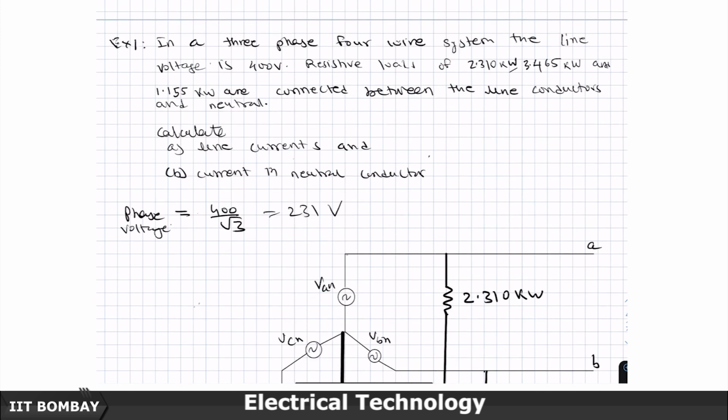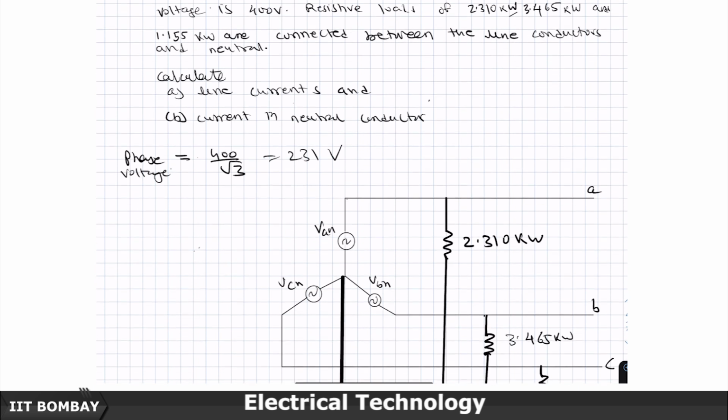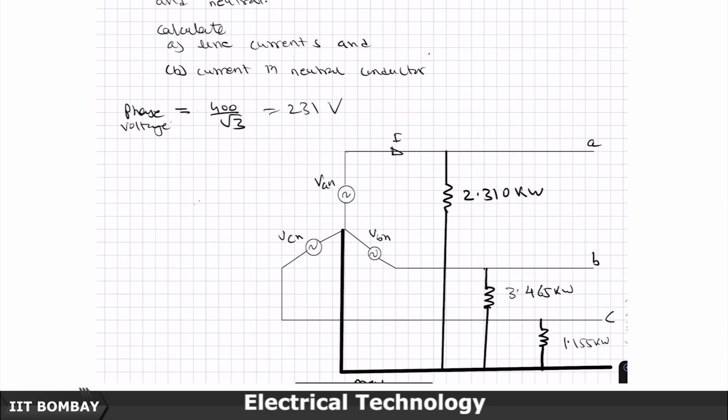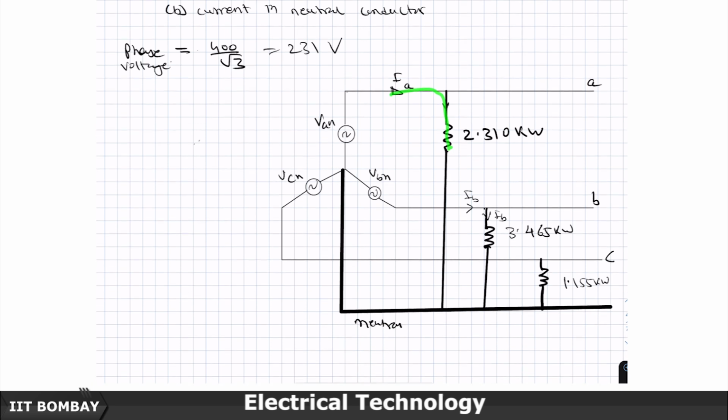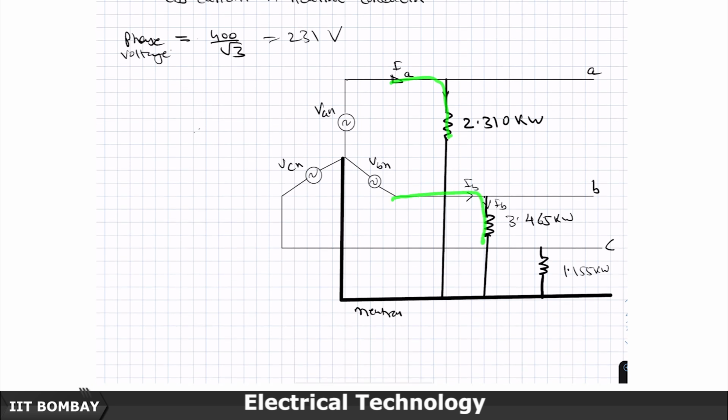Now, calculate the line currents. So, we need to calculate this IA, this IB. Nothing flows further here. This is just shown like that, but the current flows like this, and this will flow like this.